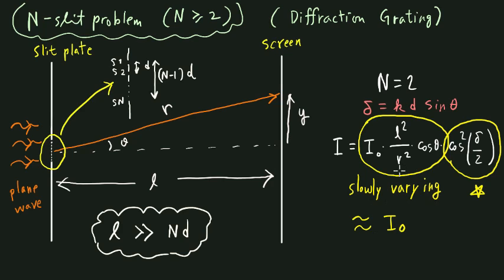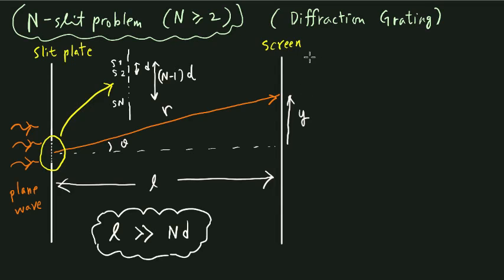So if you need to, you can recover this factor at the end of the calculation. Oftentimes you don't actually need that because angles are small, or maybe if you have a circular screen instead of a flat screen, then this is actually a constant.